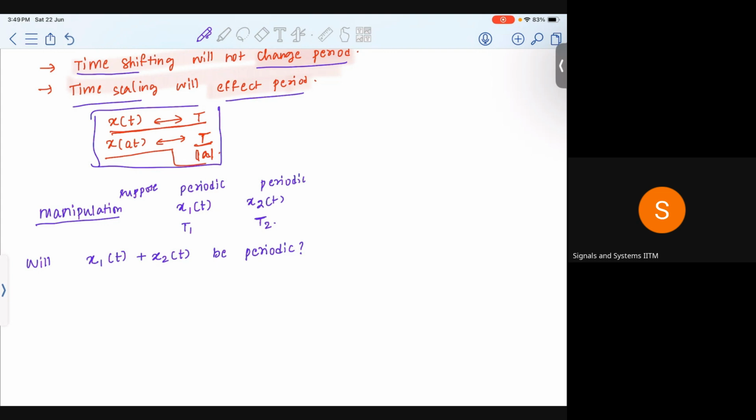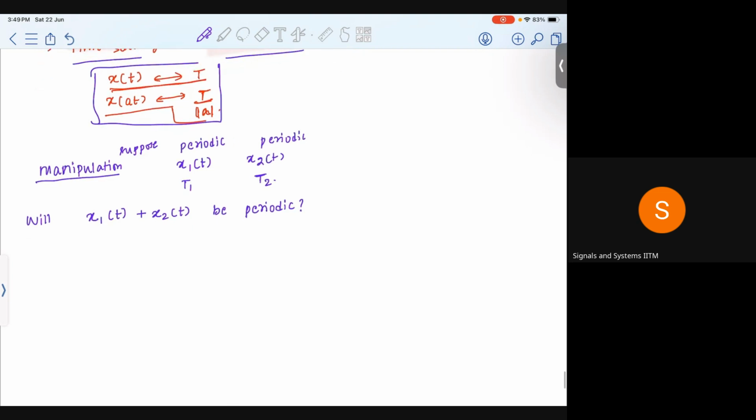So how do you check if the periodicity is retained or not? First find T1, the period of the first signal, and the period of the second signal, and try to evaluate the fraction T1 by T2. So evaluate T1 by T2.